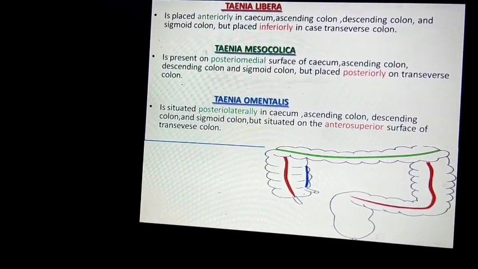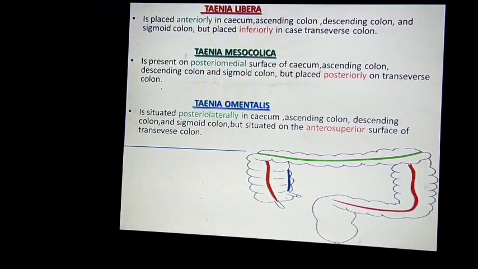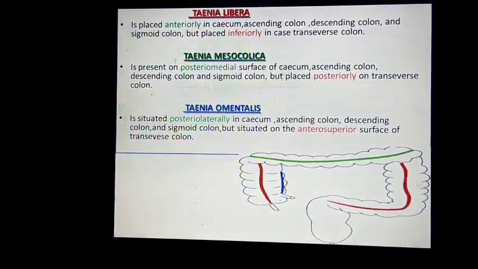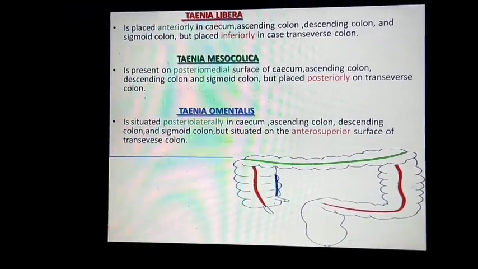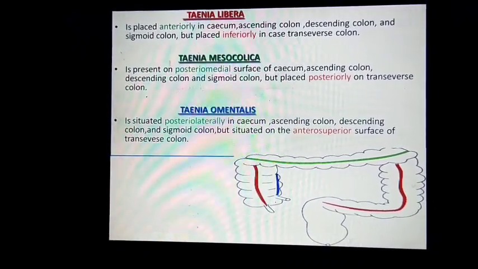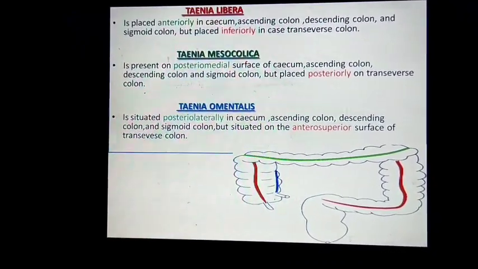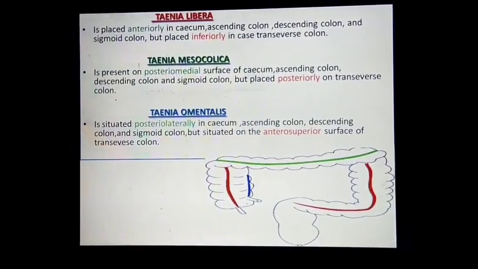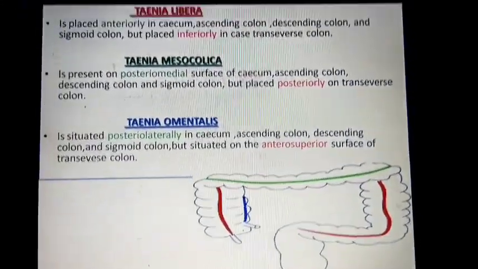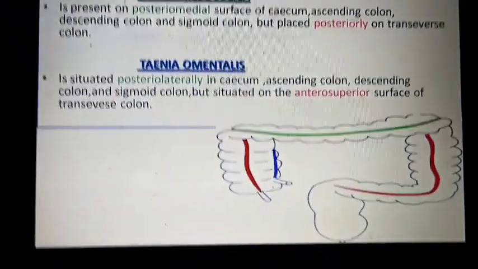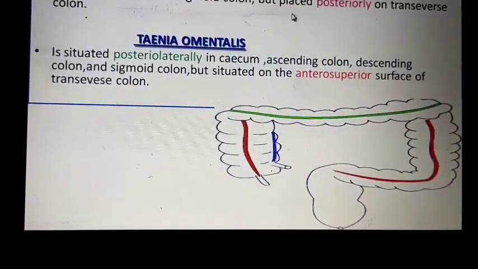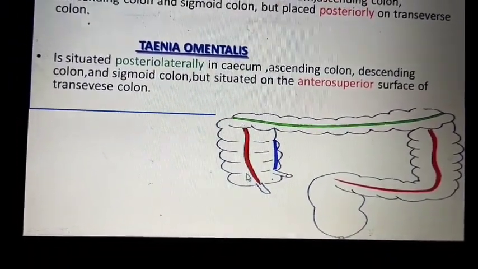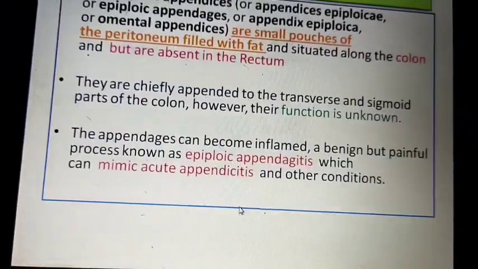Tinea omentalis is situated posterolaterally in the cecum, ascending colon, descending colon and sigmoid colon. Tinea libera is present inferiorly in the transverse colon, tinea mesocolica is present posteriorly in the transverse colon, and tinea omentalis is situated anterosuperiorly on the surface of the transverse colon. Like this, the arrangement of the three tinea coli is there.